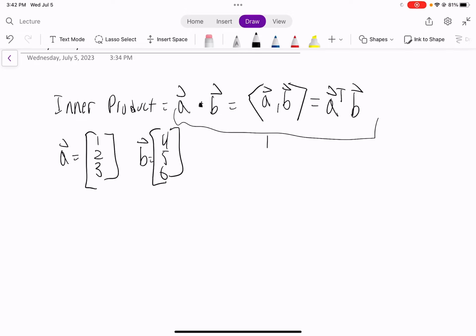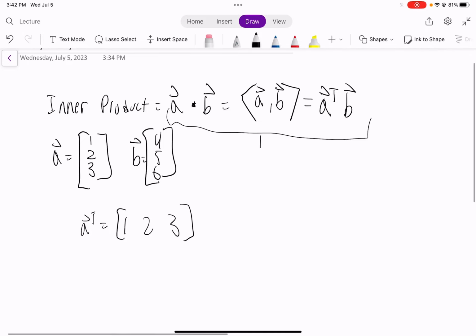Well, if you know anything about matrix multiplication, this A transpose looks like this. Let me space it out a little bit better. Okay, that means you're multiplying this row vector with this column vector.